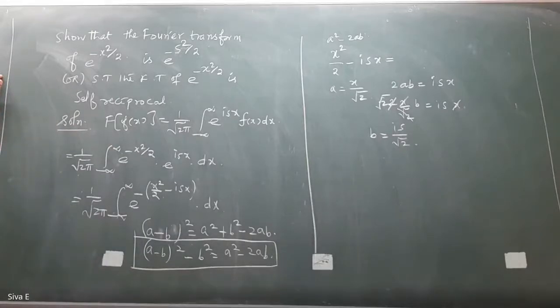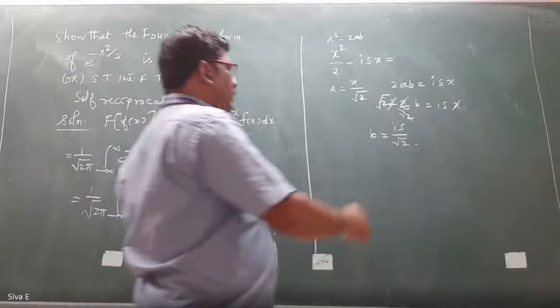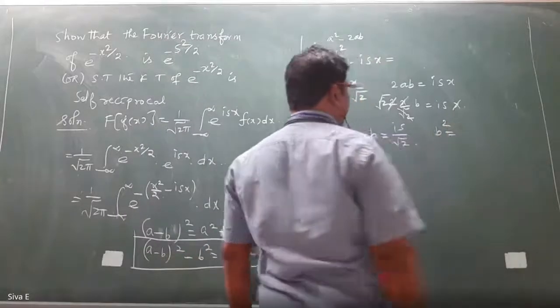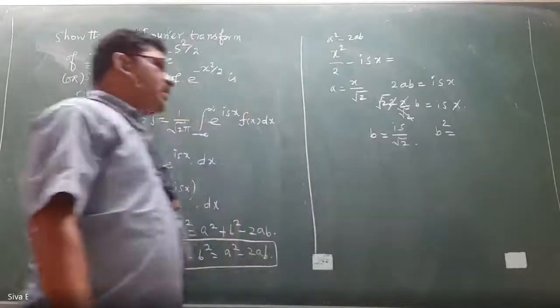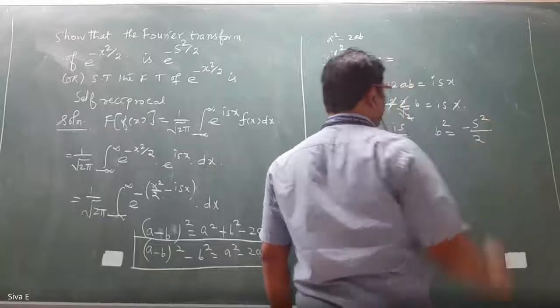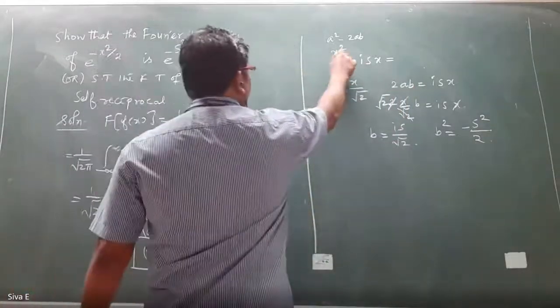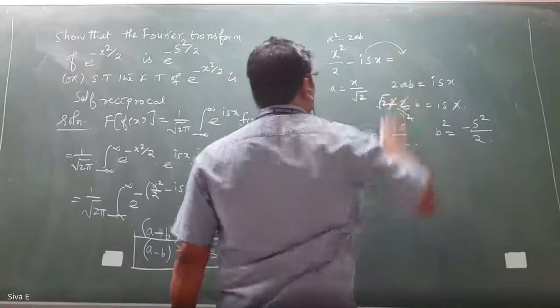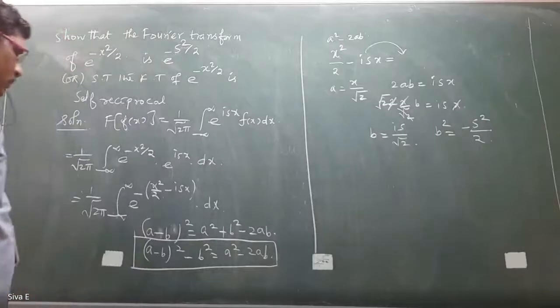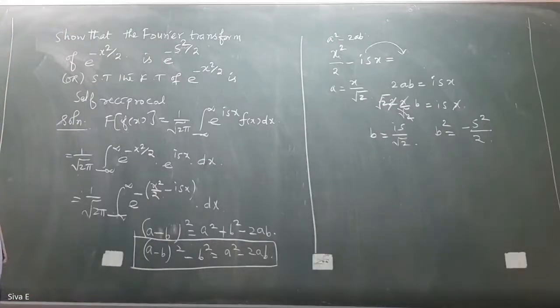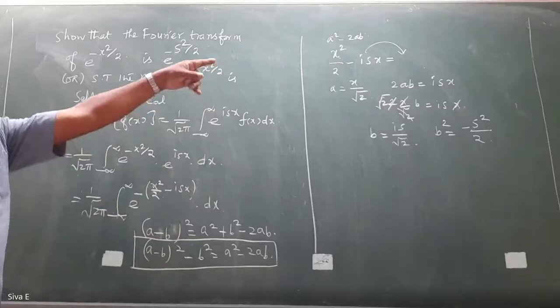What is b square? b is is by root 2, so b square is minus s square by 2. But how can we write this whole term?